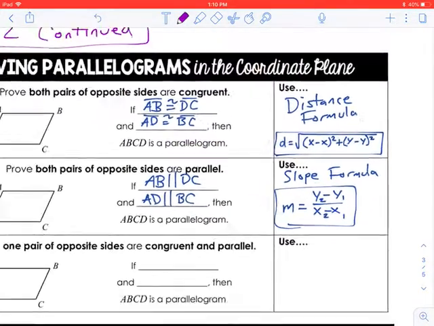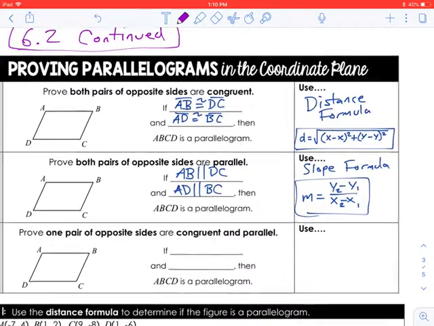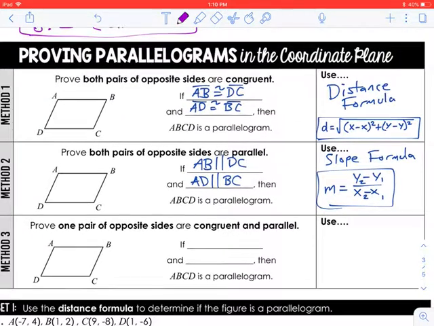Method number 3 is proving one of each. So if AB is congruent to DC, and we also know that AB is parallel to DC, then ABCD is a parallelogram.